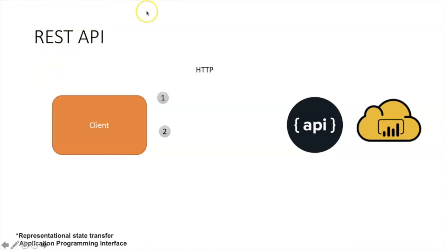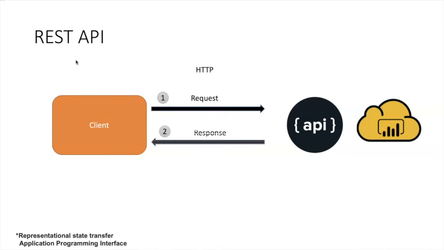Usually this is done via HTTP, and you would either do a GET request to get some resources, or you can also create or alter resources, usually for databases or data-intensive applications. So basically you send a request, the API receives the request, and your response is a JSON file with data that you can use to do whatever you need.